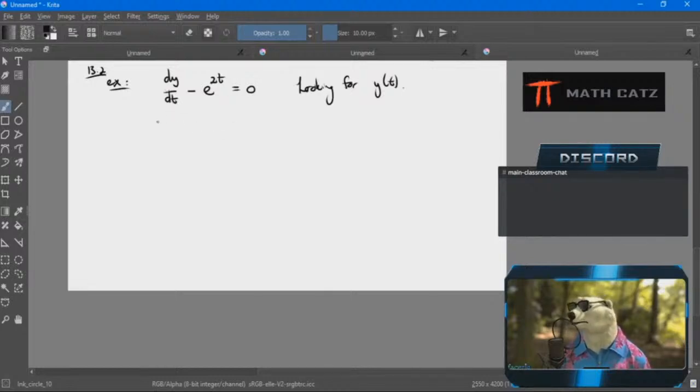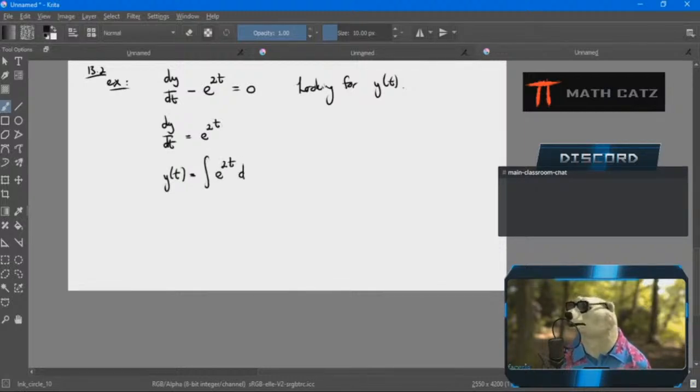But I can rewrite this equation to dy dt equals e to the 2t. That means that what I'm really looking for is a function whose derivative is e to the 2t, which means I'm looking for the antiderivative of e to the 2t. So the differential equation is just a different spin on the antiderivative question.